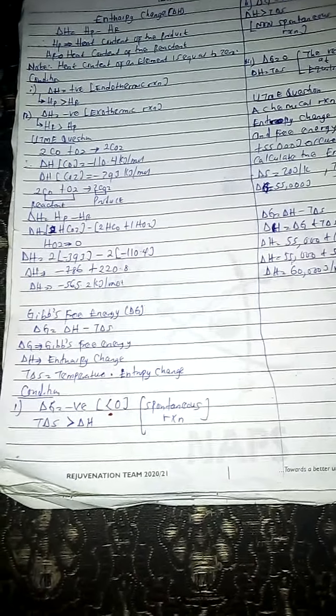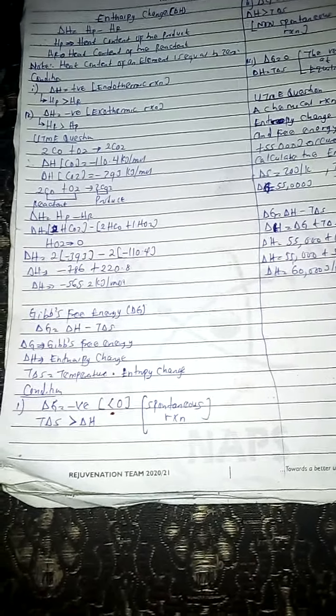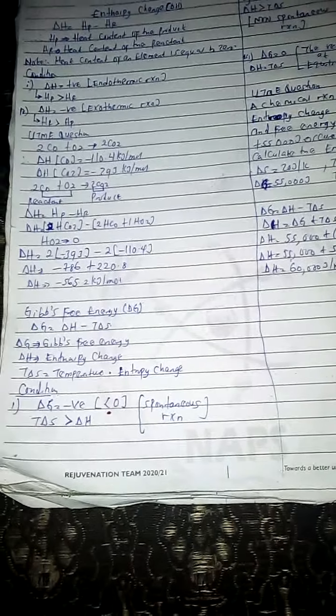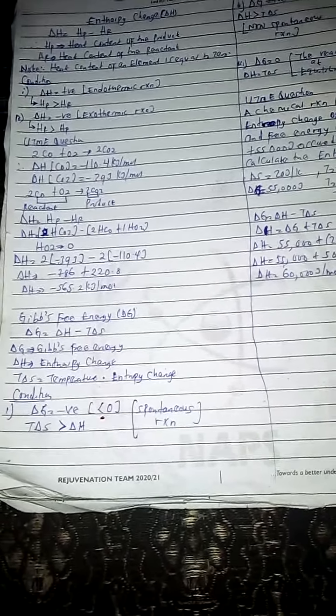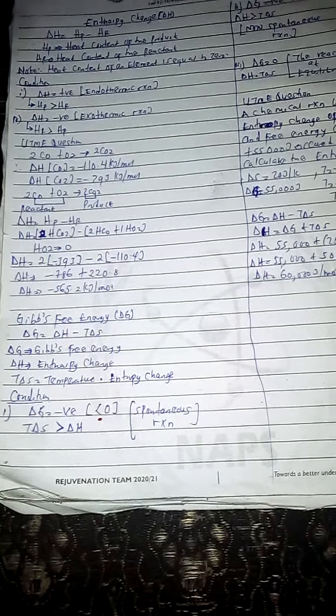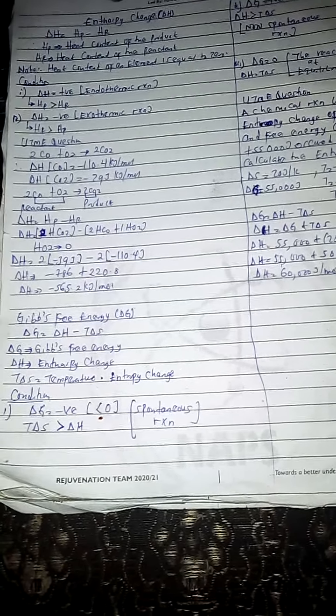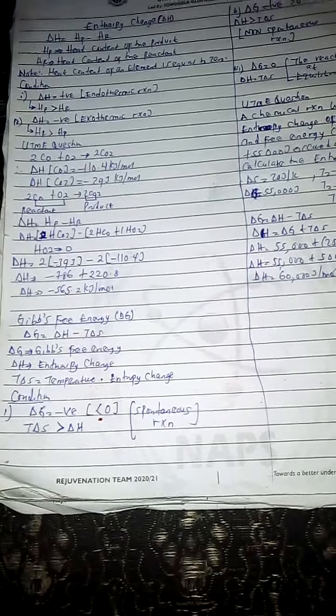Calculate the enthalpy change. So CO and O2 are the reactants, CO2 is the product. So enthalpy change equals its content of the product minus its content of the reactant.